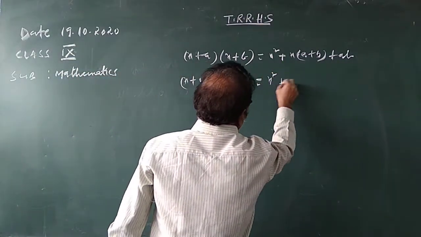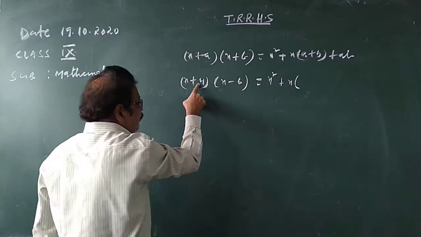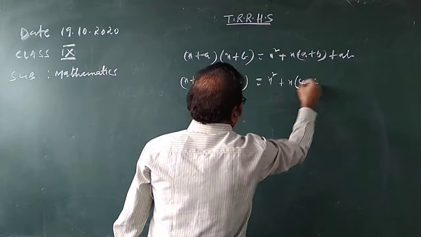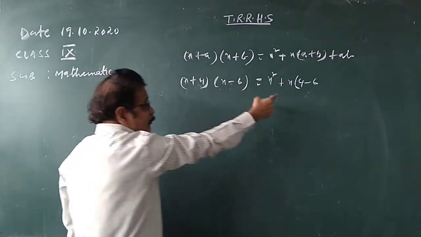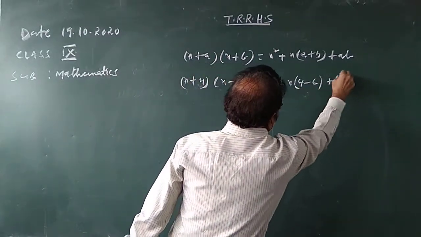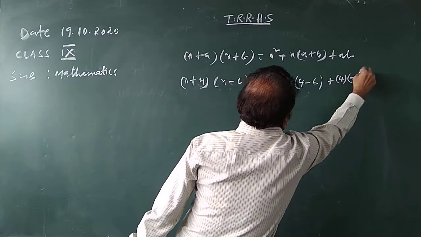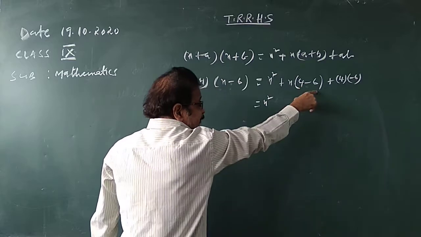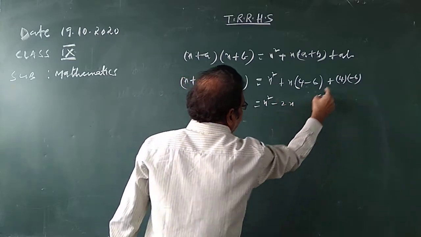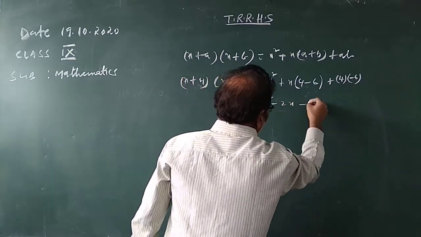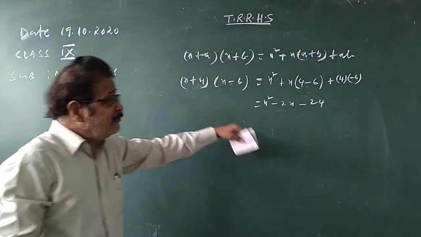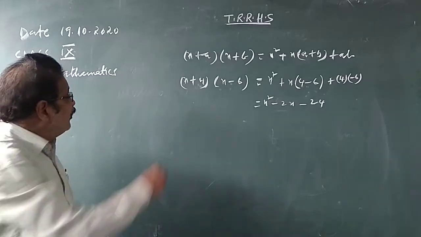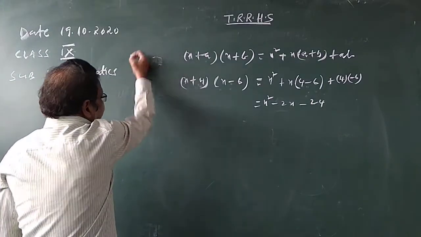So it is x² + x(4−6) + (4)(−6). That is x² − 2x − 24. Without actual multiplication, we use the identity here.